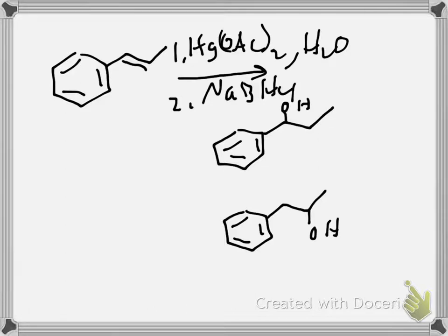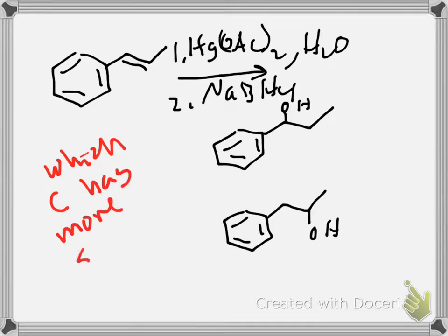In this case, Markovnikov and anti-Markovnikov doesn't really work because which carbon has more substituents? You can't figure it out, because each of these carbons has two substituents.